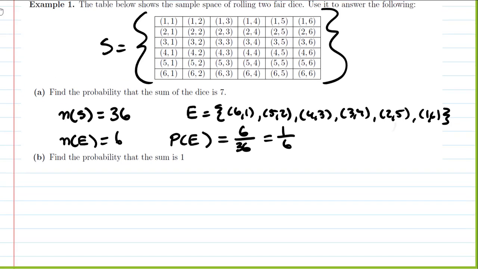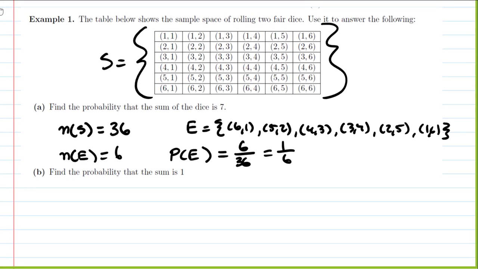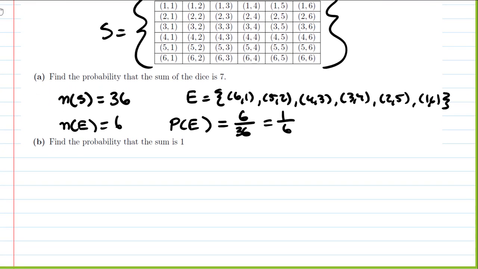All right, let's try our next one. Find the probability that the sum is 1. Well, we look at our event E. Is there any way to add 2 dice and get the number 1? No. So E is the empty set. So the empty set has nothing in it, so the number of things in E is going to be 0.